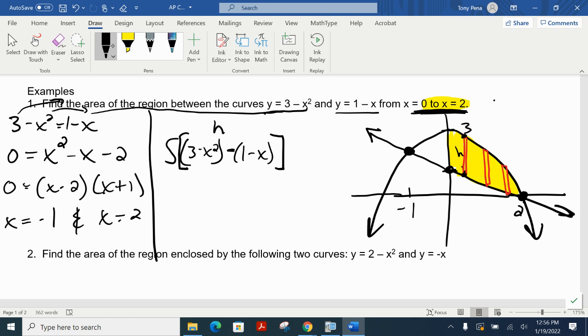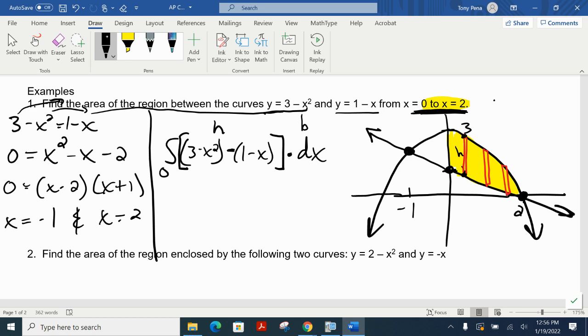Our base, if we were still dealing with Riemann sums, would have been the little delta x, and we'd have to do 4 rectangles, all that good stuff, and multiply by a half or a quarter. But since it's a definite integral, they're infinitely small as we jam them all in there. So it's just our dx, our change in x. If I ask you where this yellow region starts, what x value does the yellow region start at?